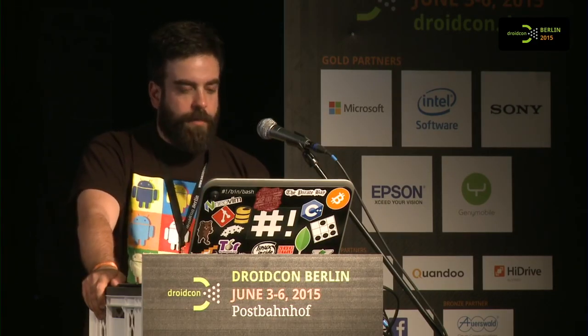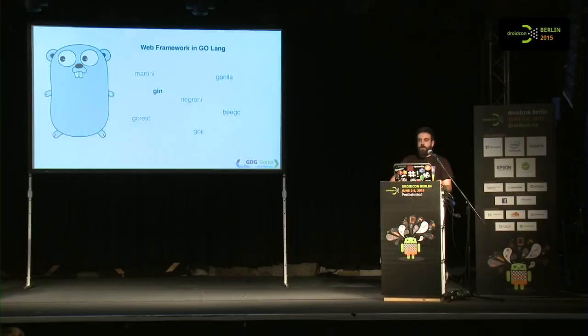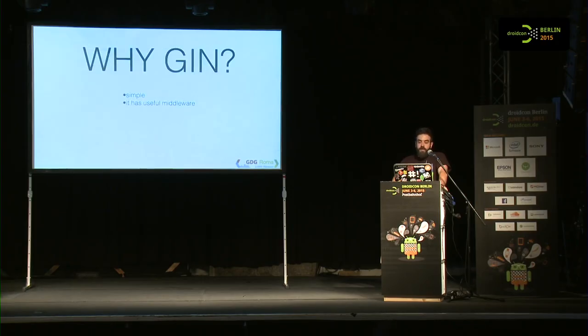There are many web frameworks for Go: Martini, Gorilla, Negroni, Beego, Goji, Gores, Gin, and every framework has its own features and is different from the other frameworks. We use Gin because it's more simple.